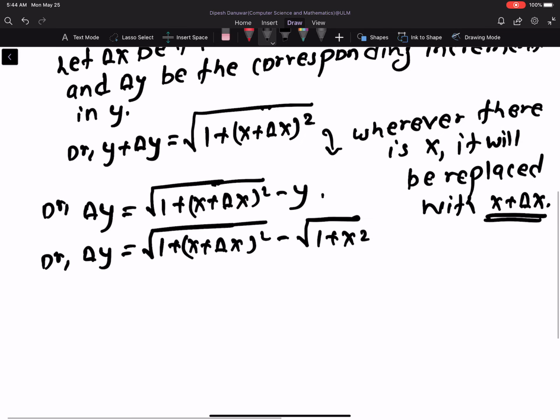Got it? When you see these problems, I think you know that you have to rationalize so that it will be easier.